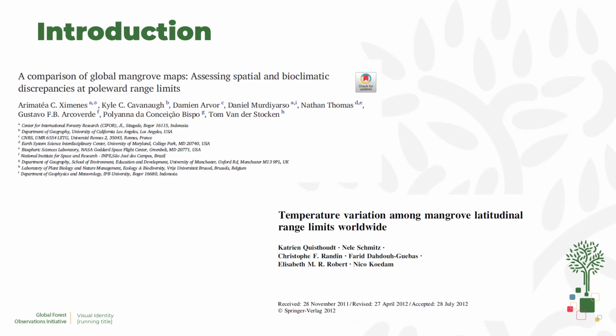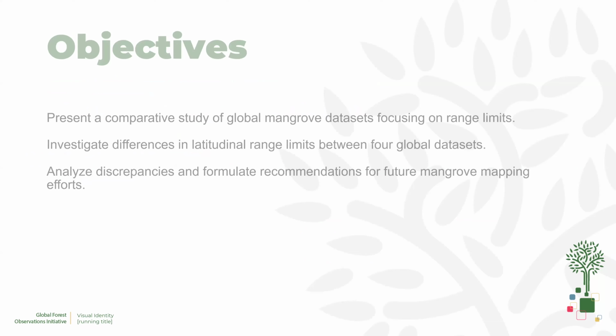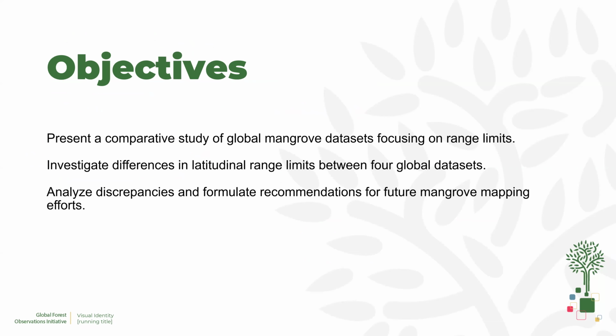So we use this work as a basis for the positions. The objective, as I told you before, is to compare different maps focusing on range limits, to investigate the differences, and also to make recommendations for future mappings.